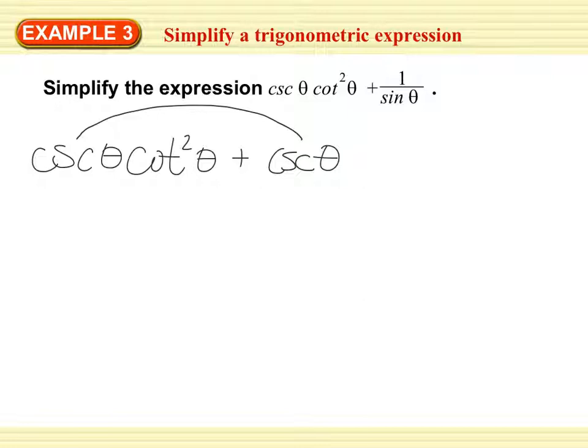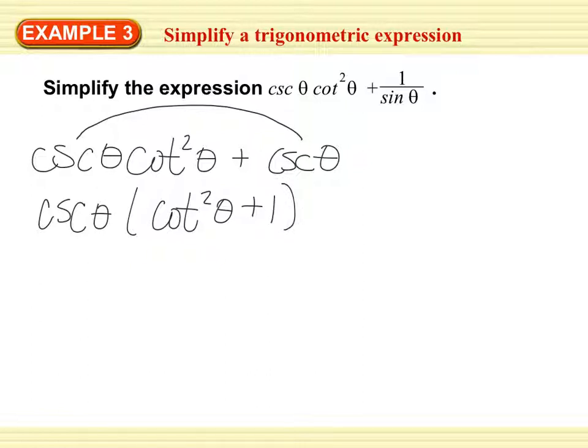Let's see. Cosecant theta times cotangent squared theta plus 1. So I just factored that out. I just copied this from that slide that has all the identities. 1 plus cotangent squared theta is the same as cotangent squared theta plus 1.